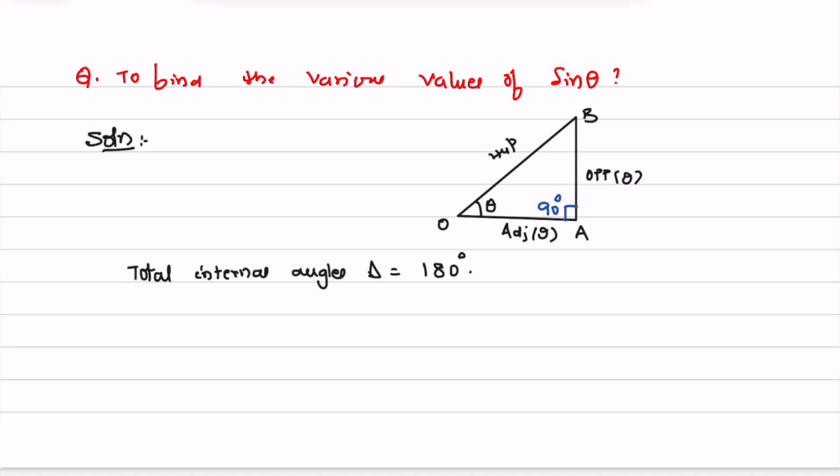Now, the total angle is 180 degrees. Angle OAB, the center point gives the angle between OA and AB. Please try to understand this concept: angle OAB is the angle between lines OA and AB. That is equal to 90 degrees.